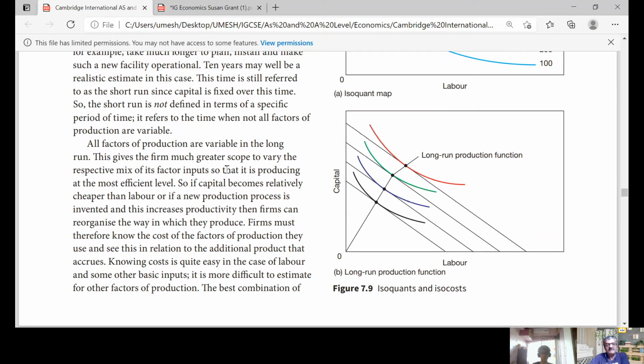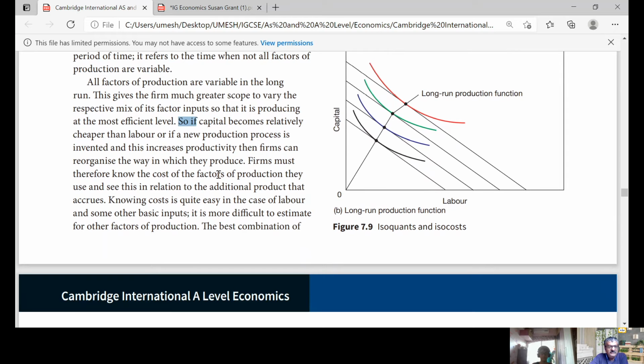So when all the factors are variable, the firm gets an opportunity to change the combination of factors of production, whether to use more capital, more labor, or more land, and in which way the production should be carried out so that it can be effective. Here they say if capital becomes relatively cheaper than labor, or if a new production process is invented that increases productivity, then the firm can reorganize the way in which it produces.